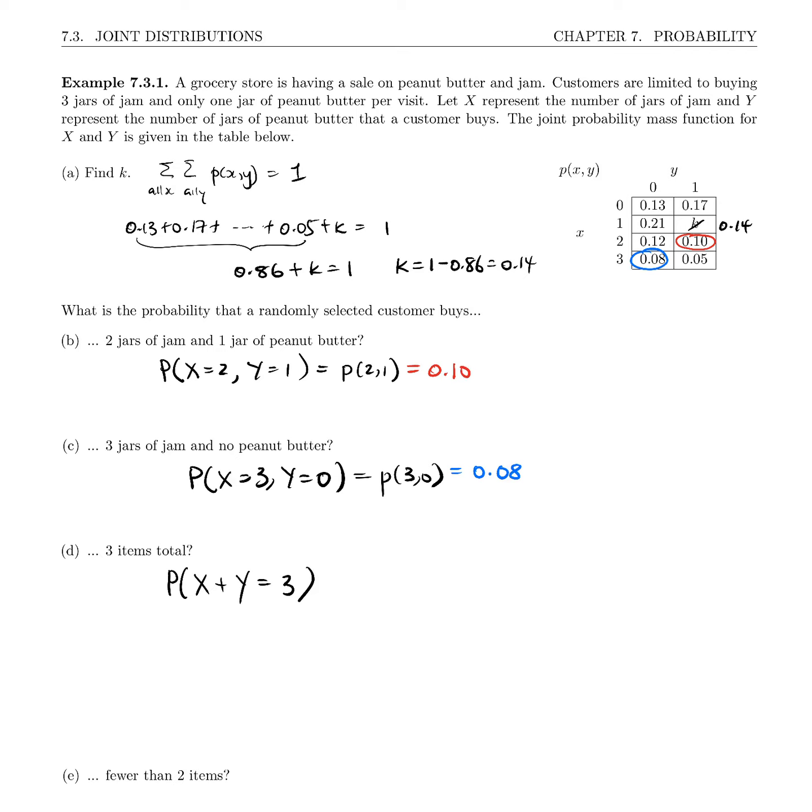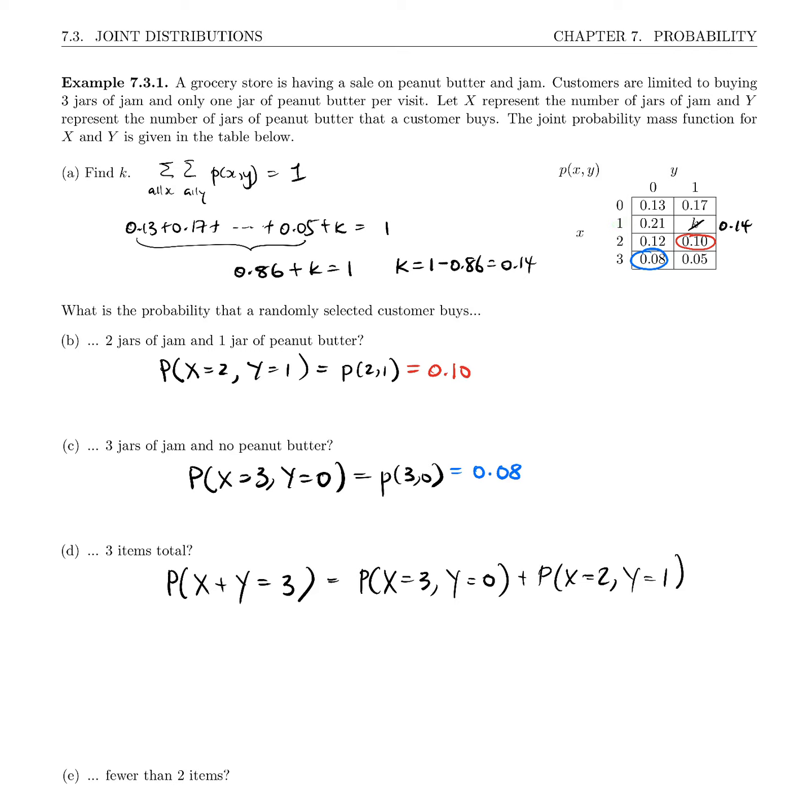The probability that X plus Y is equal to 3, well, we have to think about that. What are those possibilities in the table? Clearly, we could buy 3 jars of jam and no peanut butter. We could also buy 2 jars of jam, so X is equal to 2, and 1 jar of peanut butter. Could we go down further? Could we buy 1 jar of jam?